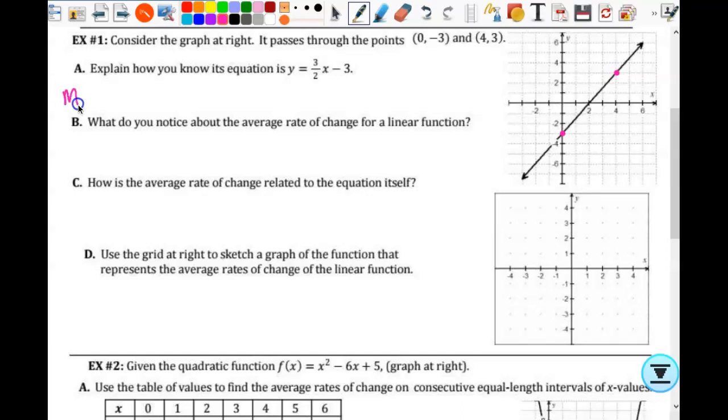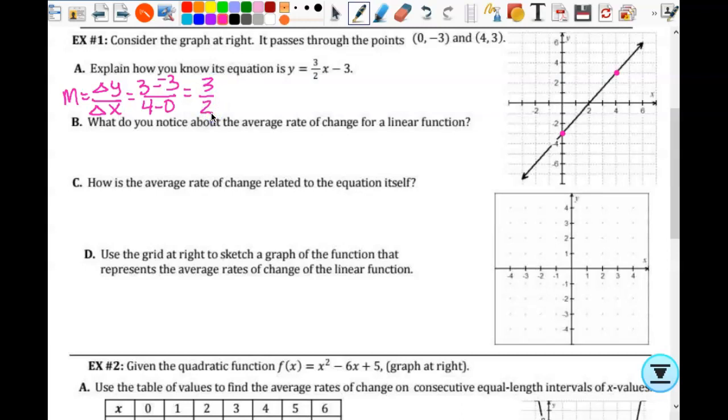Our slope is our delta y over delta x. They gave us 2 points, so I can do my slope. I can do 3 minus a -3 over 4 minus 0. That'll give me 6 over 4, which becomes 3/2.